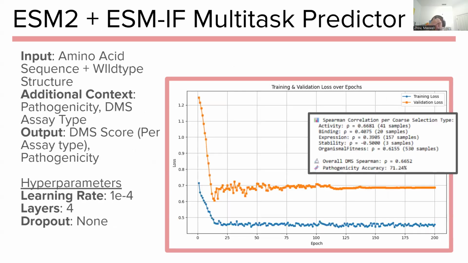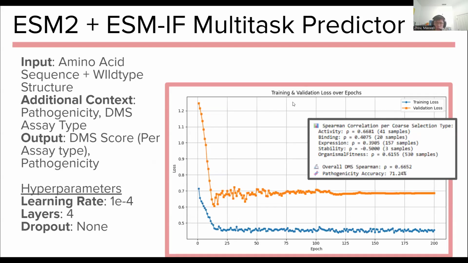We moved on to our multitask predictor, which is essentially a series of MLPs strung together to get multiple outputs, given more complex context and information. Our input was again the ESM2 and ESM-if concatenated embeddings. This time we added the pathogenicity as well as the DMS assay type, from ProteinGym and from Rutia especially.